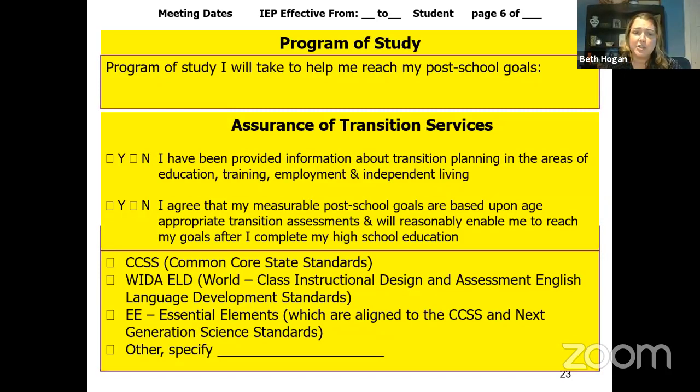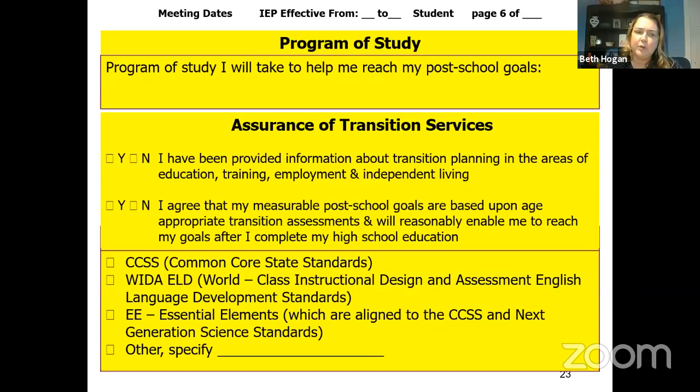Assurance of transition services. These are very easy yes or no check boxes about being provided information about transition planning in those areas that Anne talked about: education and training, employment, and independent living. And also knowing that your post-school goals are based on those transition assessments, which will enable a student to reach the goals after they finish high school.